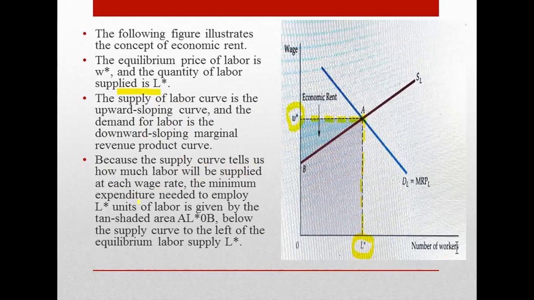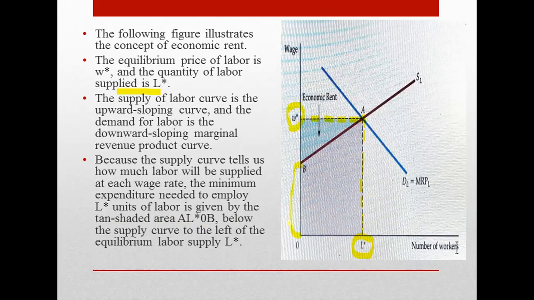Because the supply curve tells us how much labor will be supplied at each wage rate, the minimum expenditure needed to employ L star units of labor is given by the tan shaded area A L star O B. Look at this figure. You can understand that the minimum you have to pay is OB.